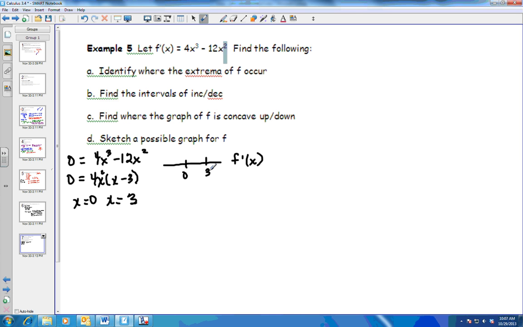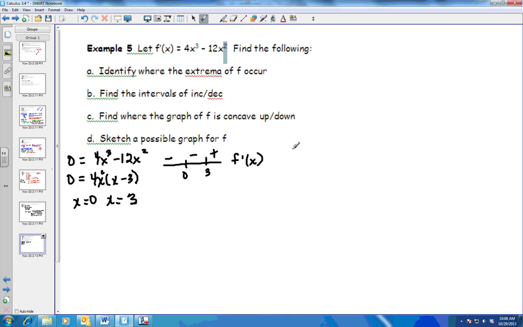Okay, when I plug in my numbers, now on this one, 4x cubed, I'm plugging it into that first derivative. When I plug in negative 1, I'm going to get a negative number. When I plug in positive 1, I'm going to get a negative number. So there's a difference there. And when I plug in a positive 5, I'm going to get a positive number.